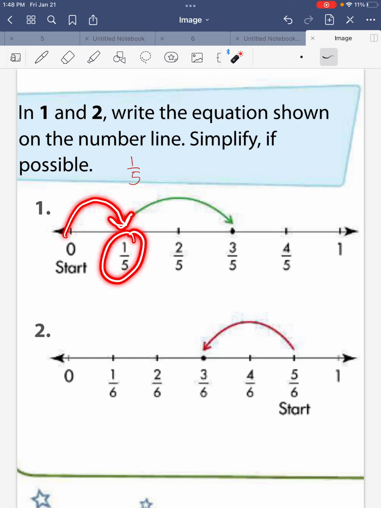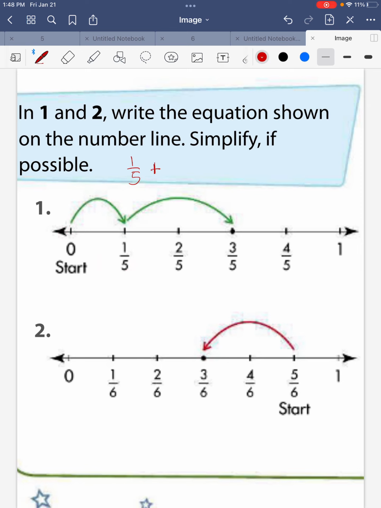So they're at 1/5. When they get to 1/5, they then add, because remember, we're going forward, we're going right, we're adding. They then go forward and they move 1, 2, okay? They move 2 spaces.